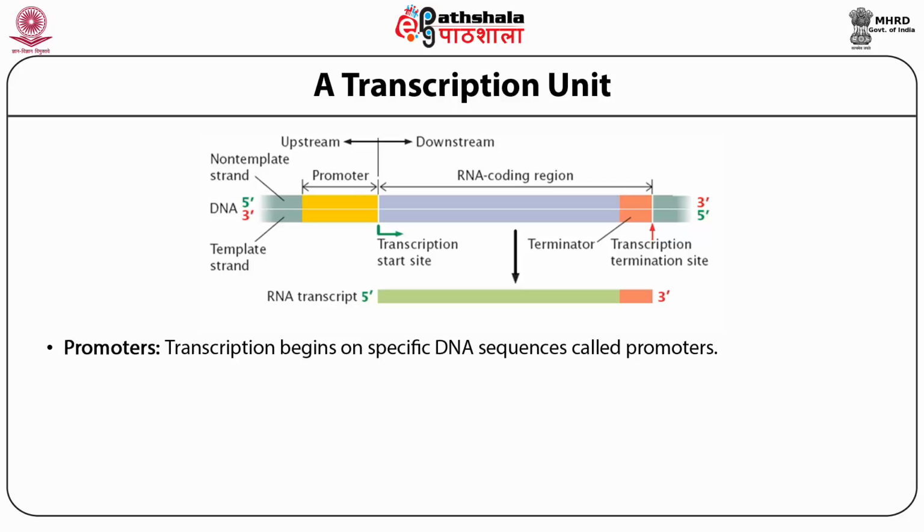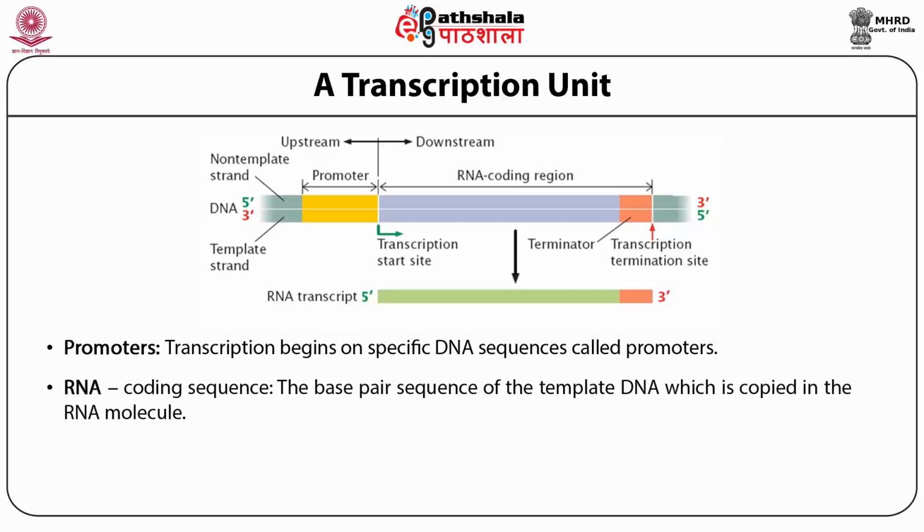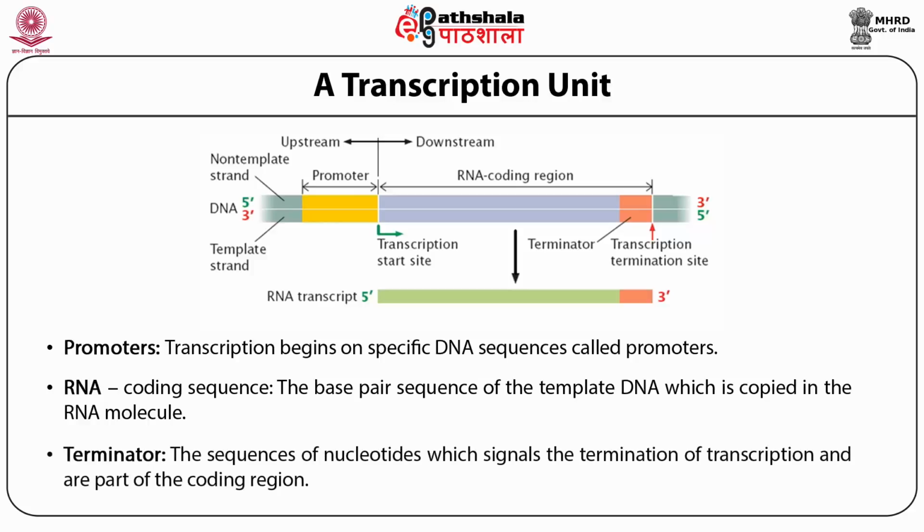The specific sequence of the promoter is responsible for the binding strength of the RNA polymerase to the transcription unit. RNA coding sequence: the base pair sequence of the template DNA which is copied into the RNA molecule. Terminator: the sequences of nucleotides which signal the termination of transcription and are part of the coding region.